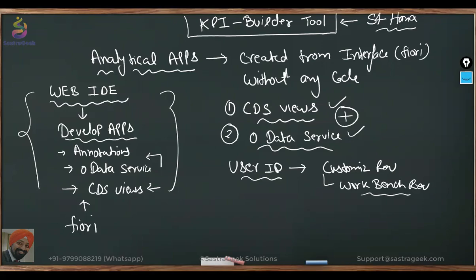Now we'll go ahead into the KPI builder tool. I will show you a glimpse of how it is available, what different things are available within the KPI builder tool, and what steps we need to do. Generally, these are the steps we will require to build the KPI. The first step would be create KPI.